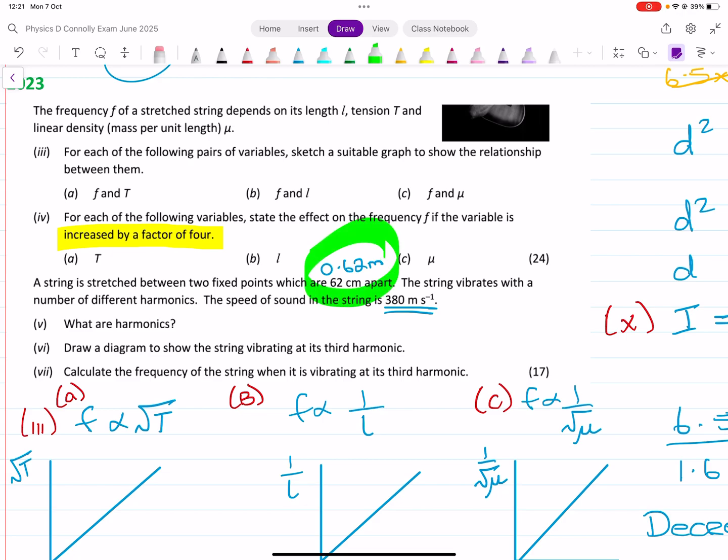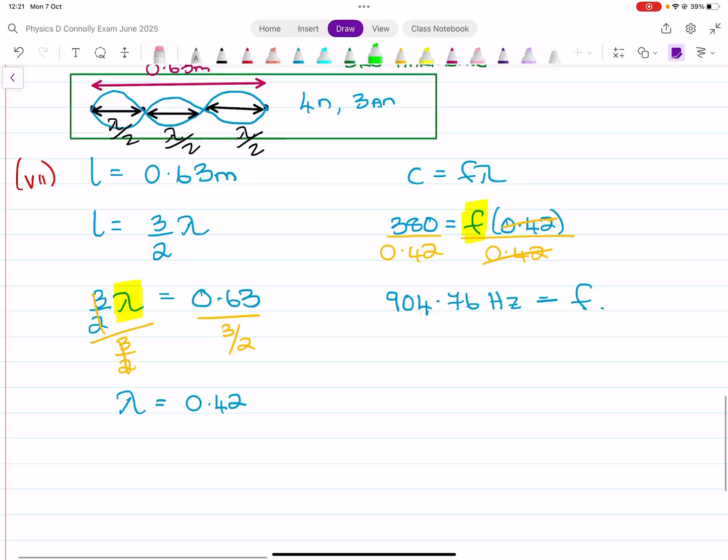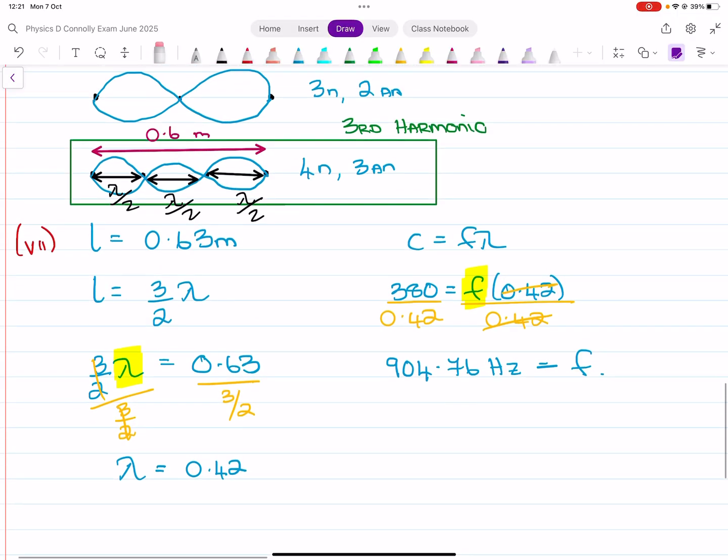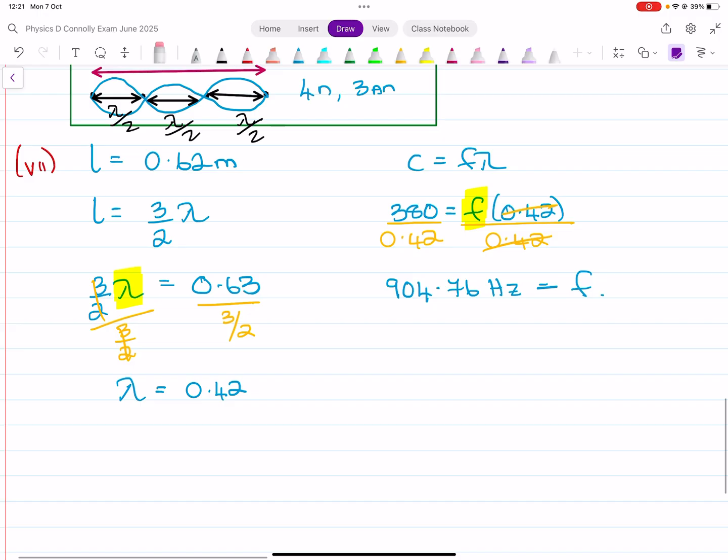I'm sure you noticed, but I used the wrong length. That's so annoying. It's not 63, it's 62. It's not going to change by much, but I may as well have the right answer. So change all these to 62s.